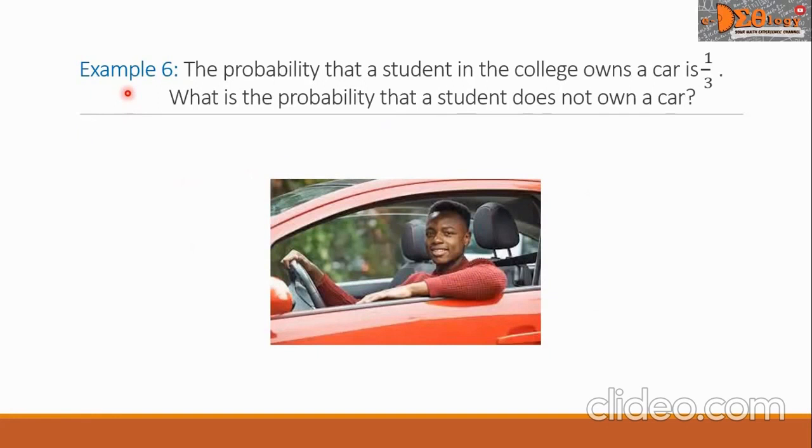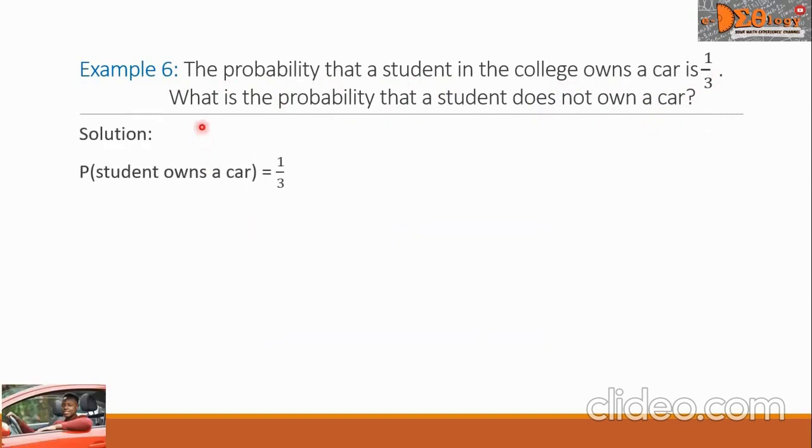Let's have example 6. The probability that a student in the college owns a car is 1/3. What is the probability that a student does not own a car? First, let us acknowledge that the probability that a student owns a car is 1/3.